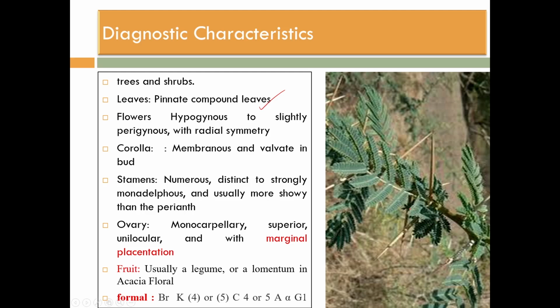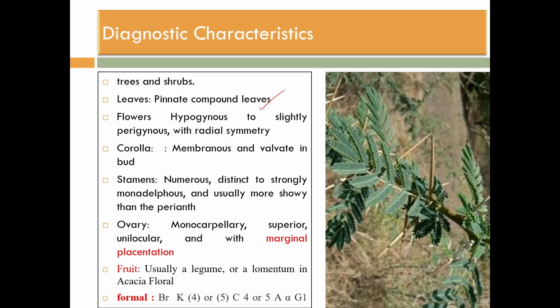The flowers are hypogynous to slightly perigynous with radial symmetry. Corolla is membranous and valvate in bud. Stamens are numerous, distinct to slightly monadelphous and usually more showy than the perianth, as we have seen earlier. And the ovary is monocarpellary, superior, unilocular and with marginal placentation. And the fruit is a legume or lomentum in Acacia.